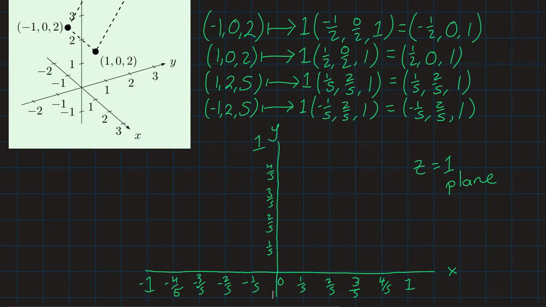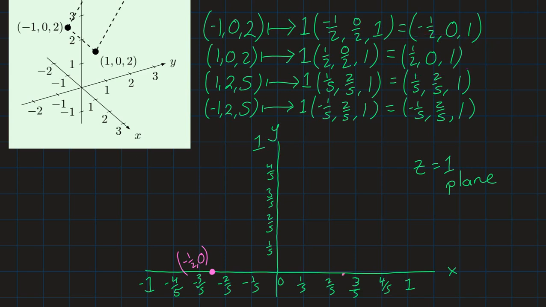So now let's plot these points. Let's look at this first one right here. Well, I'm already on the z equals 1 plane, so ignore the 1. What I'm plotting is minus a half, comma 0. So minus a half is right there. The next one is 1/2, comma 0.